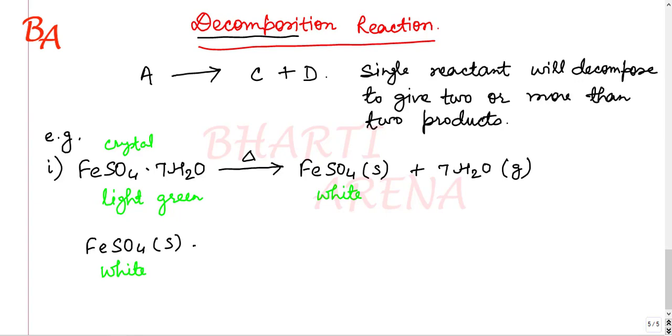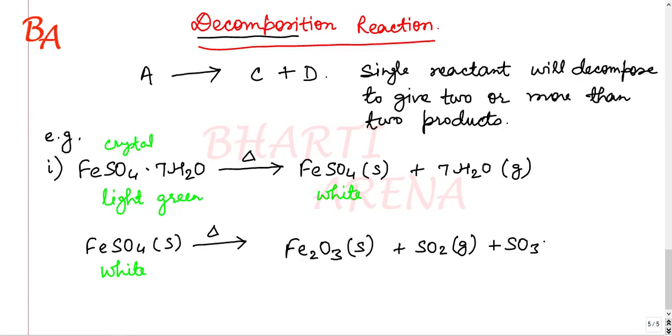When it is heated, it will give iron oxide in the solid form plus sulfur dioxide gas plus sulfur trioxide, also in the form of gas.